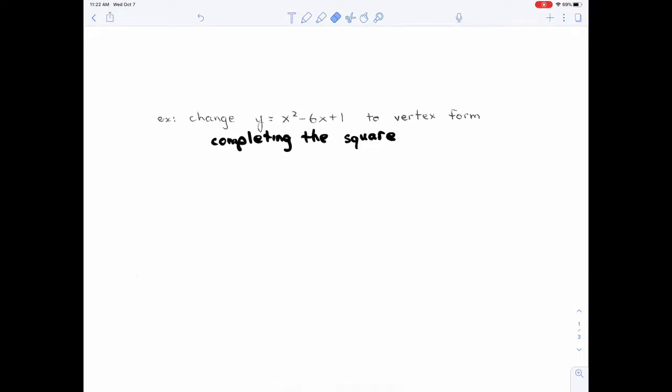Okay. Well, if you go back and look at those examples that I just erased, what I did is I had this part alone, and I was always asking you what number should go there. Okay? So what I want to do is get rid of that number and just get the x squared plus 6x kind of isolated.